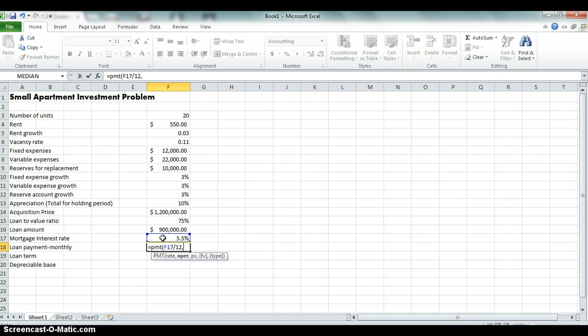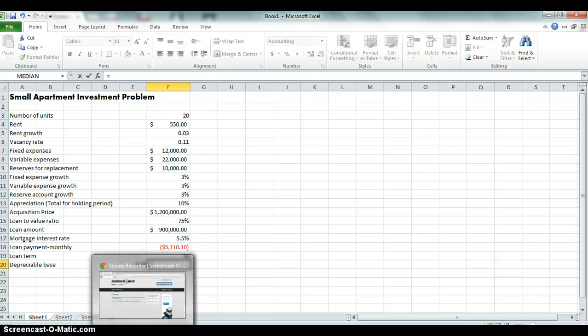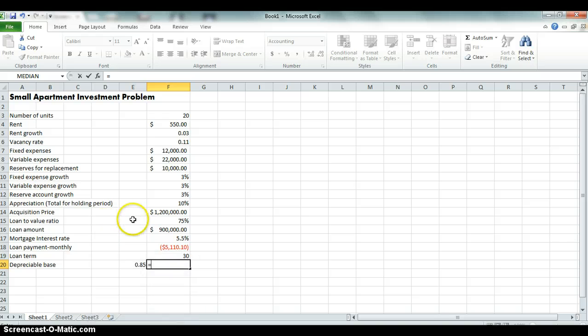The number of periods will be the loan term times 12, and finally our present value will be the loan amount that we just calculated, and our loan term is 30. There you go. The depreciable base is 85% times the acquisition price.